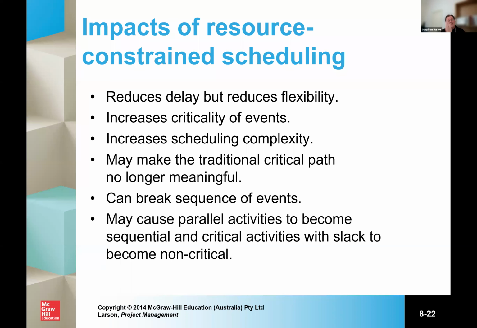You may have to break the sequence of events because of resource availability, and it may cause parallel activities to become sequentials and critical activities with slack to become non-critical. So you begin to think this is a fairly significant rethinking of the project assumptions, constraints, and this really will require maybe a reworking of your project plan and resource allocation.